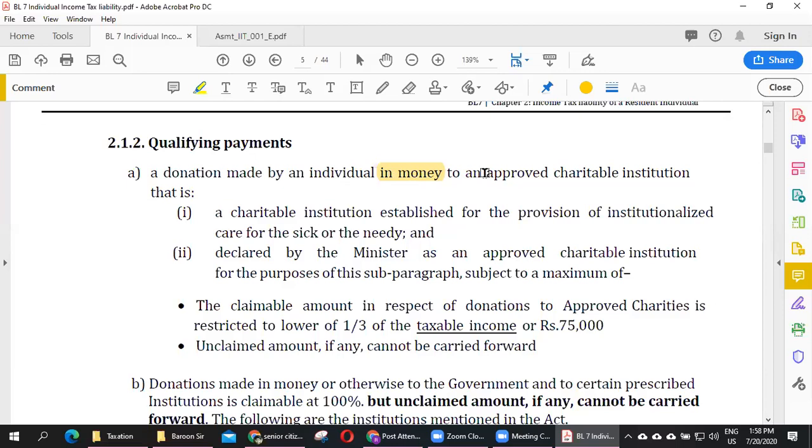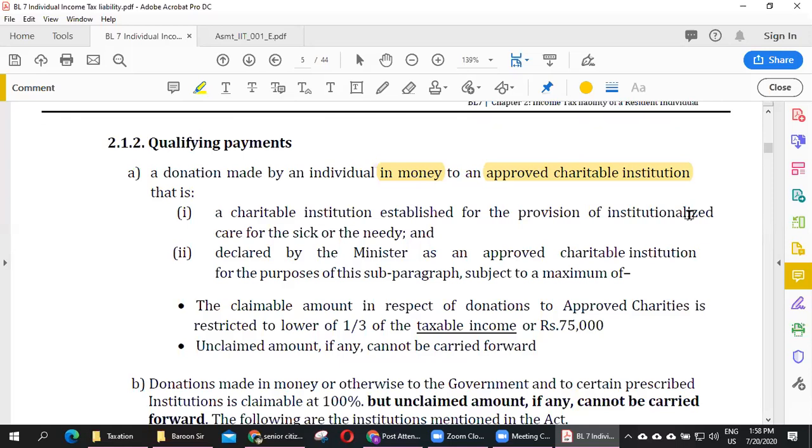Another important term is approved charitable institution. First we will understand what a charitable institution is. There are some organizations which provide services to society without expecting any profit. Non-profit organizations in our society.